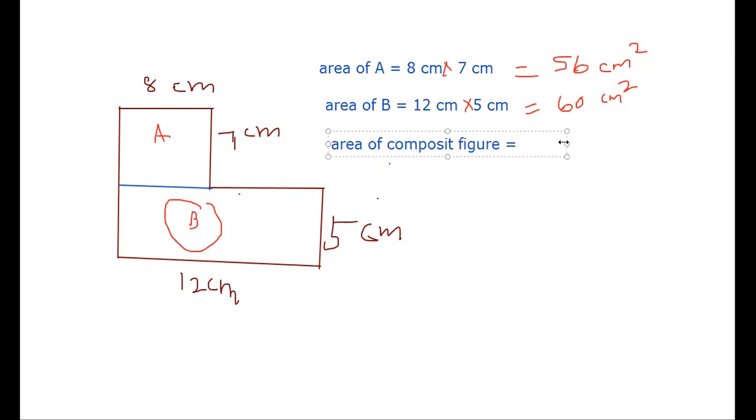Then what are the values? Figure A, 56 square centimeters. Figure B, 60 square centimeters. So what is the answer? 56 plus 60, 116. Also, you have to write the unit, square centimeters.